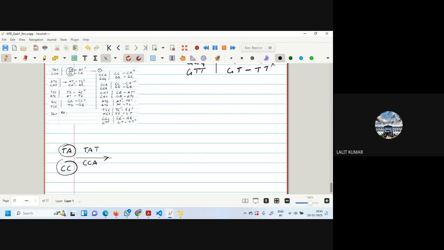And my endpoint I write down here. My endpoint is this one, GT, and this one, TT. Now see, from TACC, can I go anywhere? Do I have some TACC here anywhere?